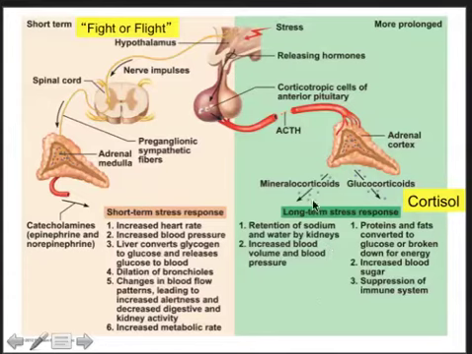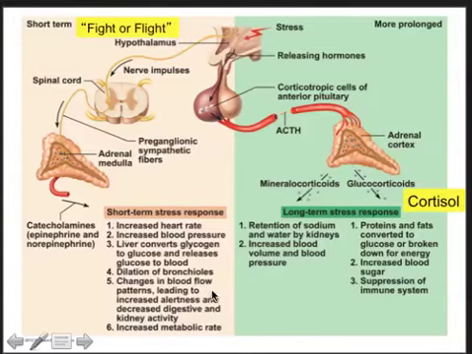So the two broad segments of the adrenal gland are stimulated at the same time when the sympathetic division of the autonomic nervous system has really kicked into gear. You can see some of the other effects of epinephrine listed here, among them bronchodilation, so that we can increase the amount of oxygen getting into the lungs, and we have changes in the pattern of blood flow.